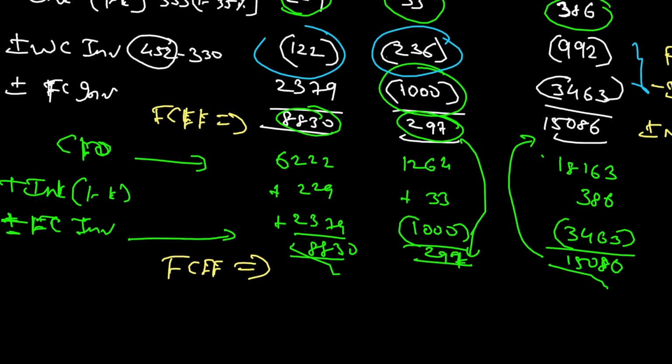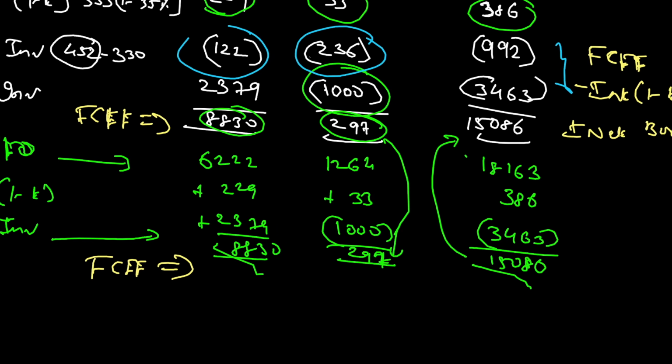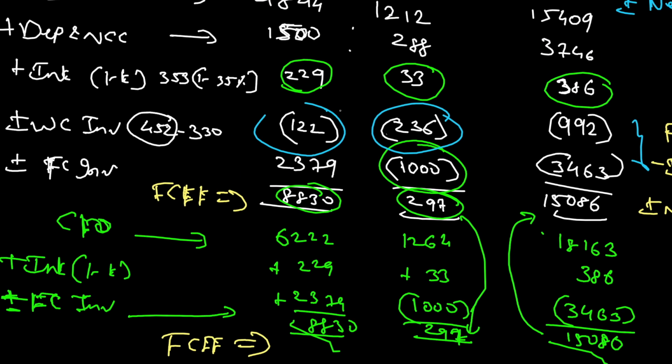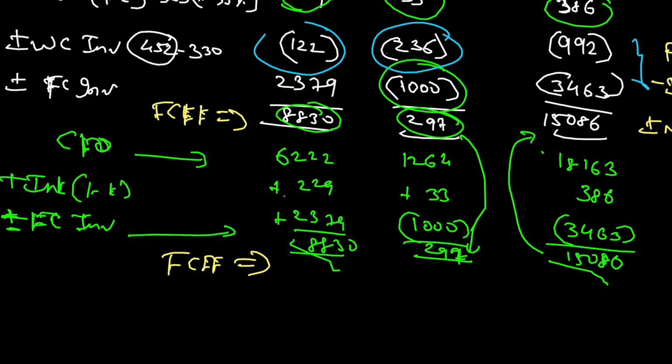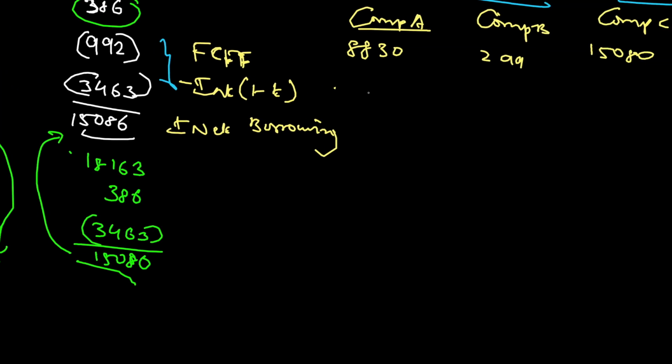For company A it is 229, here also 229, so I'm supposed to minus 229.